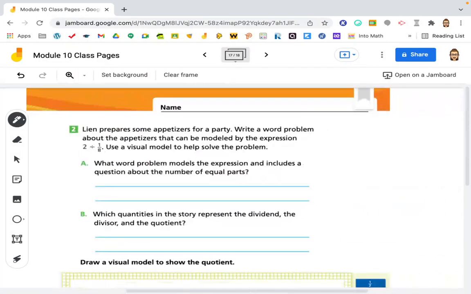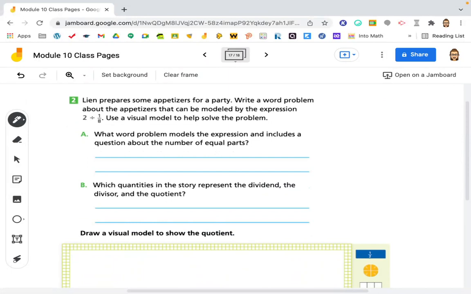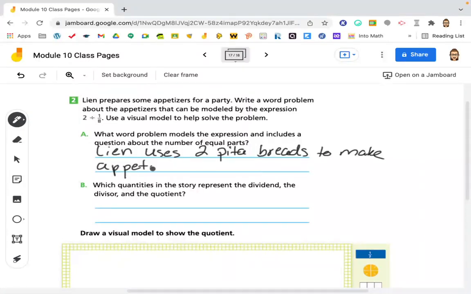So Lynn prepares some appetizers for a party. Write a word problem about the appetizers that can be modeled by the expression 2 divided by 1/8. Use a visual model to help solve the problem. Well, we could say Lynn uses 2 pita breads to make appetizers.